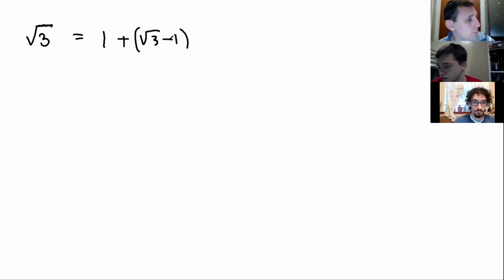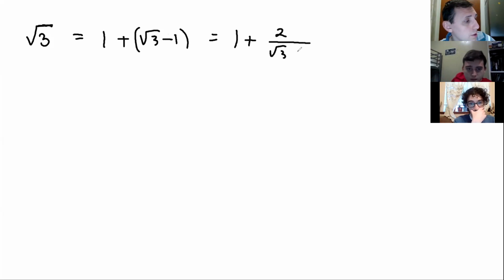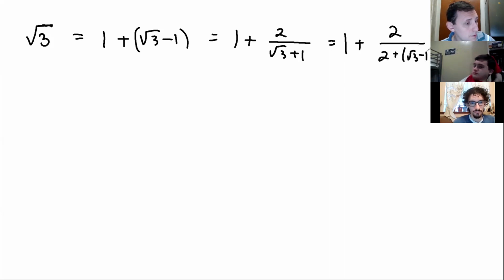So what do I do? I multiply it by the conjugate. So this is 1 plus, if I multiply it by the conjugate, it's 3 minus 1 over root 3 plus 1. So that would be 2 over root 3 plus 1. Am I right? And what is that? I can write it as 1 plus 2 divided by 2 plus root 3 minus 1.